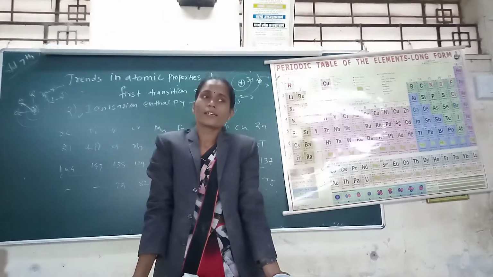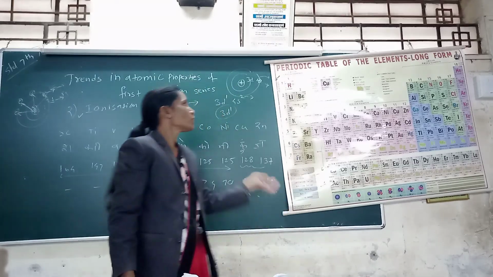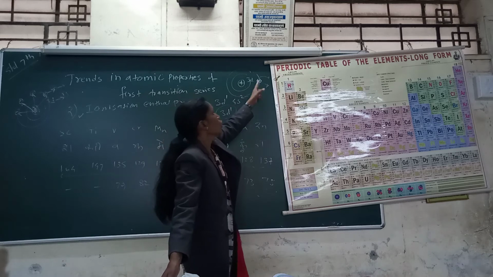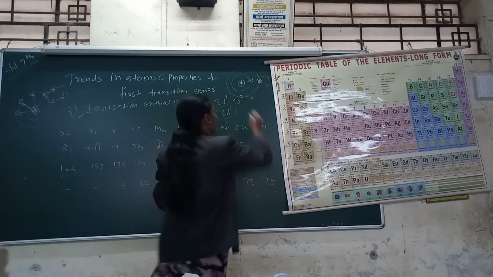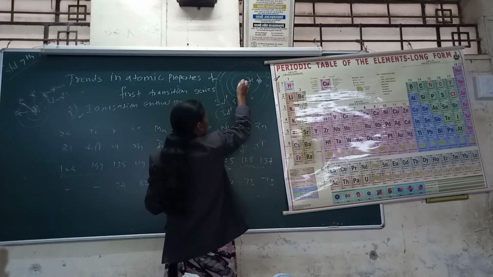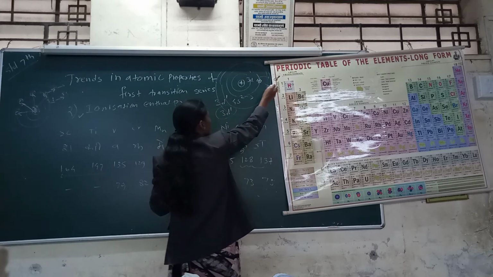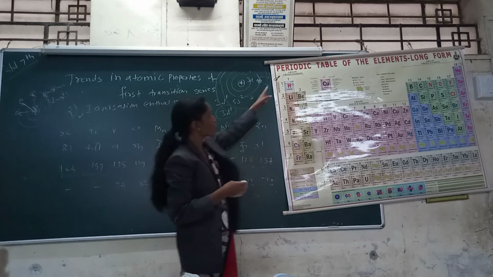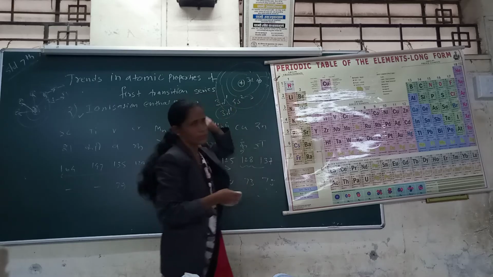When radius is less, the ionization enthalpy is greater, because high energy is required to remove the electron. If radius is greater, then the distance from the nucleus to the outermost electron is greater, meaning the outermost electron is away from the nucleus.